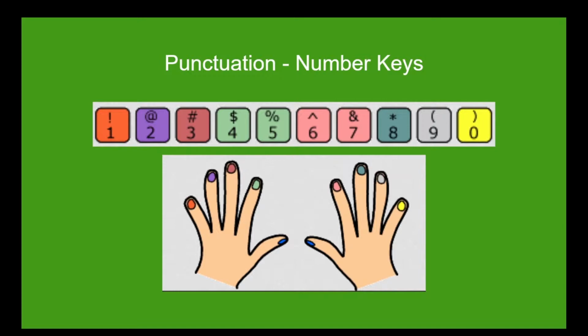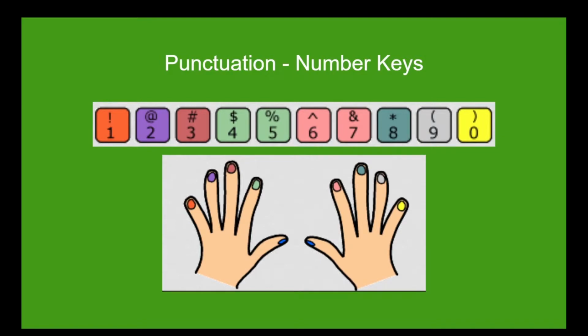So from left to right, 1 is typed with the left pinky, 2 is typed with the left ring finger or fourth finger, 3 is typed with the left middle finger, 4 and 5 are typed with the left index finger, 6 and 7 are typed with the right index finger, 8 is typed with the right middle finger, 9 is typed with the right fourth finger, and 0 is typed with the right pinky finger.